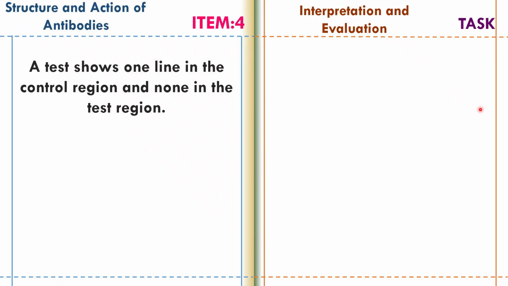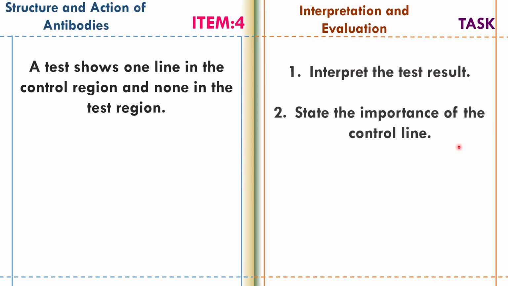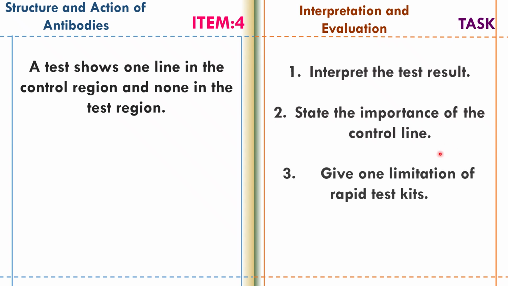Task: interpret the test results. State the importance of the control line. Give one limitation of the rapid test kits.